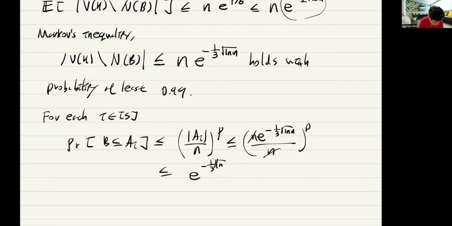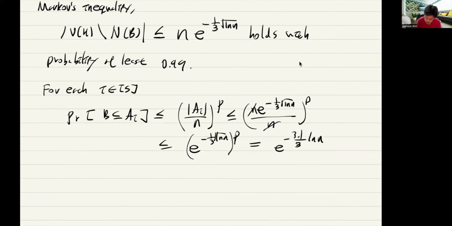Give me a moment. What am I saying? To the P. So that's e to the negative 3.1/3 times square root of log n times square root of n log n. Yeah, so that's more than 1/n.